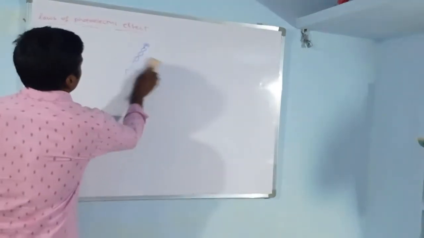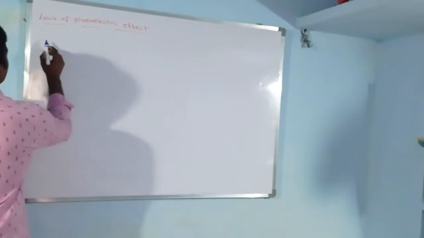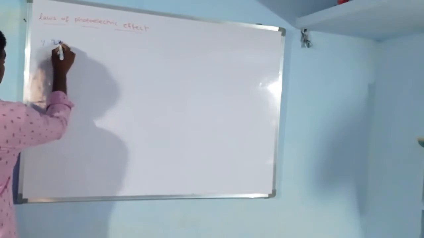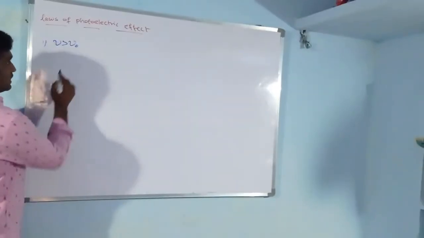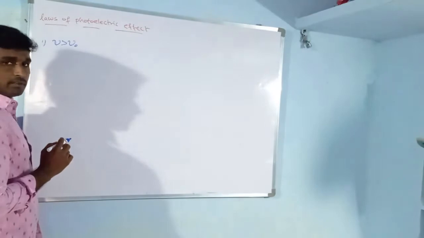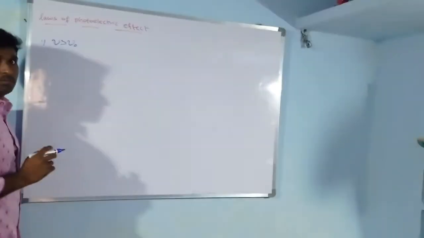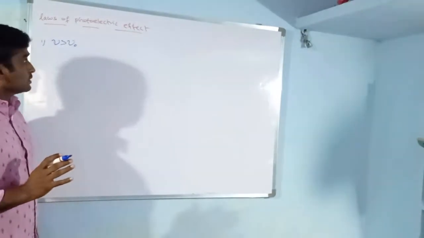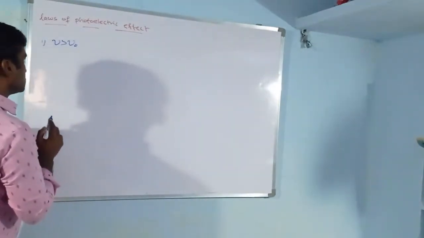The first law is: nu greater than nu naught. Nu is the frequency of the incident radiation, and nu naught is the threshold frequency of the metal surface. The threshold frequency is the minimum frequency for the metal surface to emit electrons.